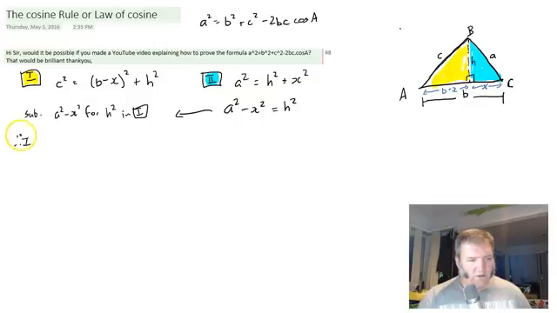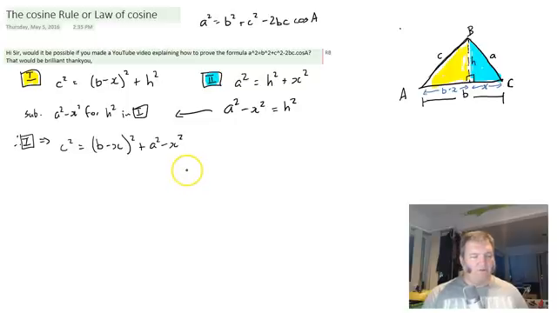What has equation 1 become? Well, it's now going to be C squared equals B minus X all squared plus A squared minus X squared. That's the expression I'm going to have instead of H squared, because we know that they're equal to each other.